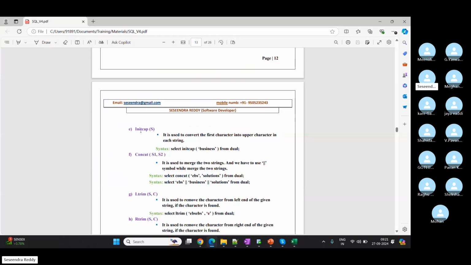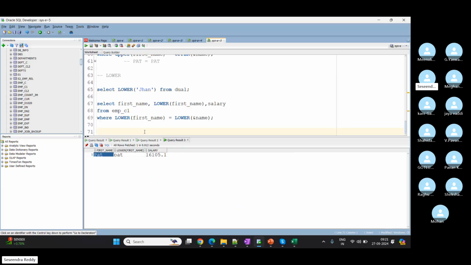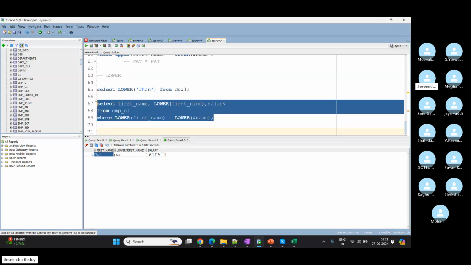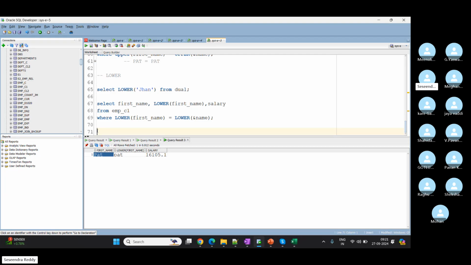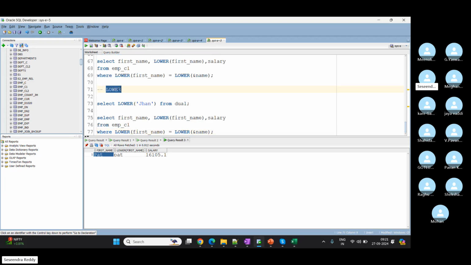And in the same way, INITCAP. INITCAP is nothing but the first character will be in uppercase and all remaining characters will be in lowercase. Let's say if I provide all my values in lowercase, it will convert the first character to uppercase and all remaining characters to lowercase.